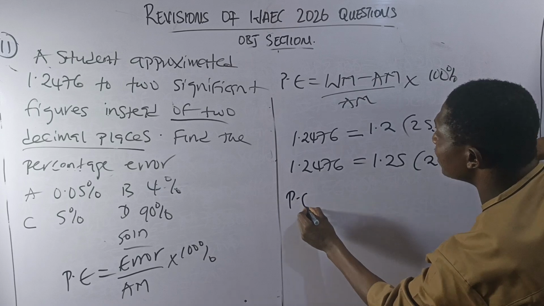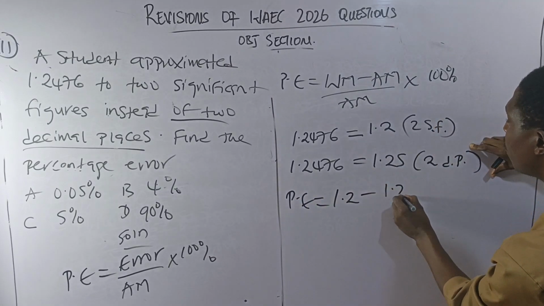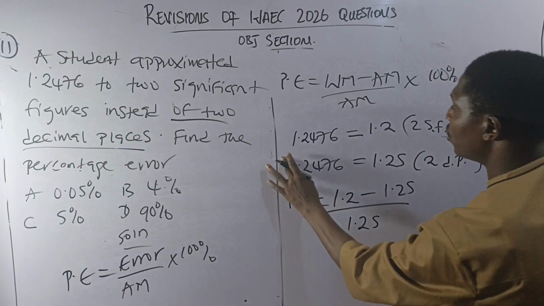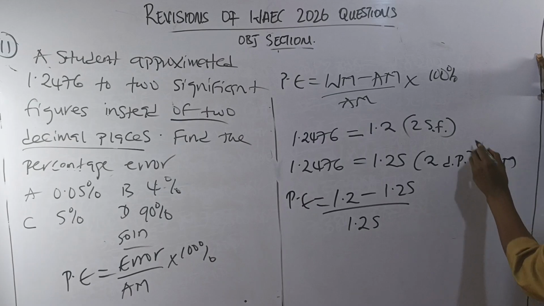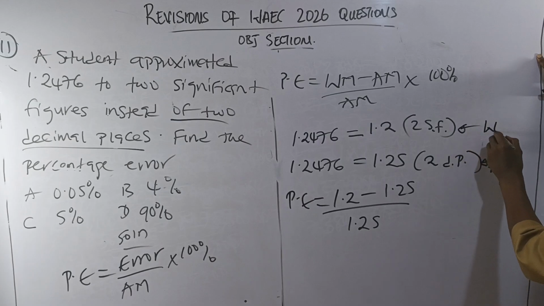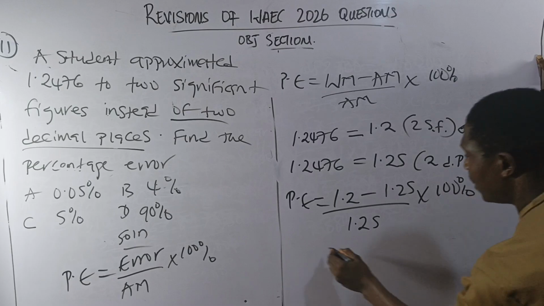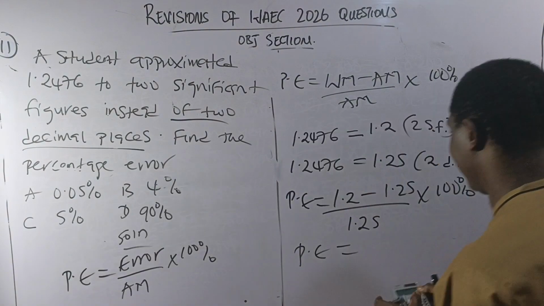So I have my percentage error to be what? Wrong measurement, which is 1.2, minus 1.25 all over actual measurement 1.25. So take note, this is my actual measurement and this is my wrong measurement, times 100 percent. And percentage error will be equal to, I'll use my calculator to save our time.